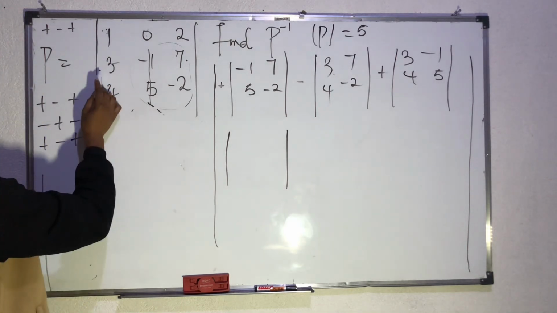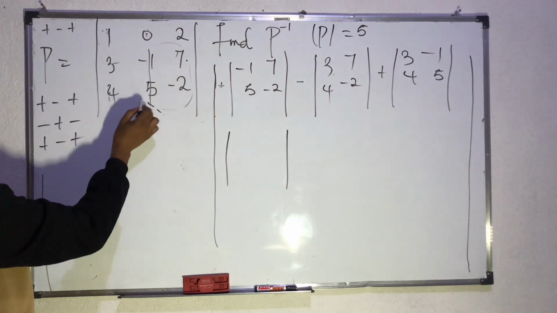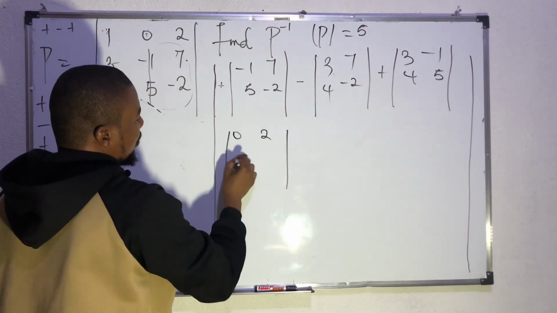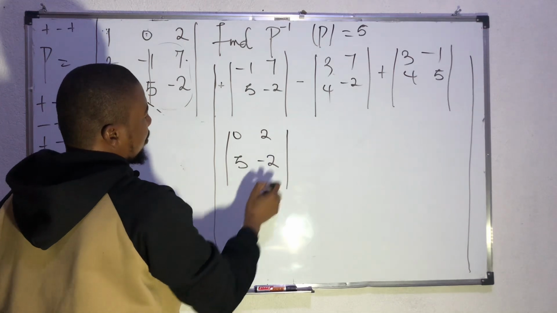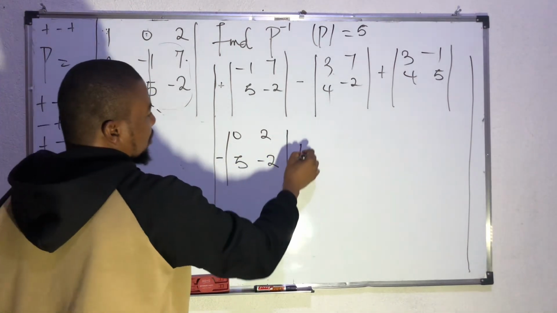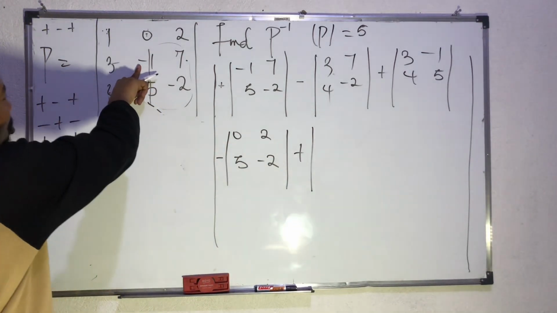If we hide the row and the column, we're going to be left with 0, 2, 5, negative 2. So this one right now is going to be a negative, and the next one is going to be a plus.